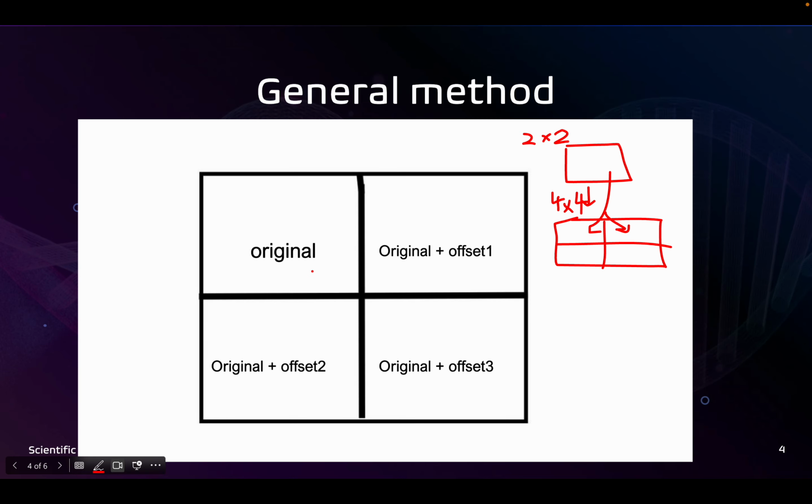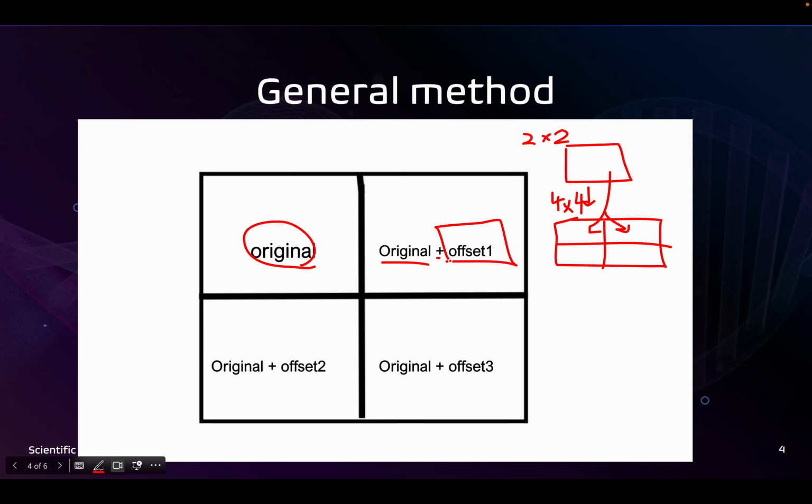So in general form, you can see here, first of all you have an original, smaller matrix that has all the rules that you find in your question, and then you just copy this original and add some number that we call offset 1. How do we choose offset 1?